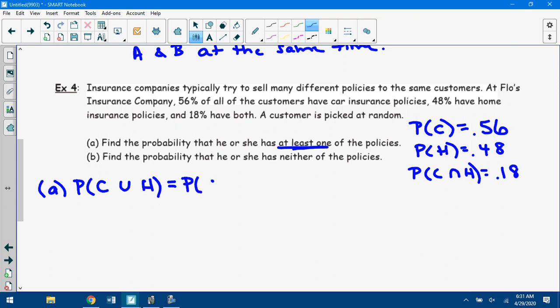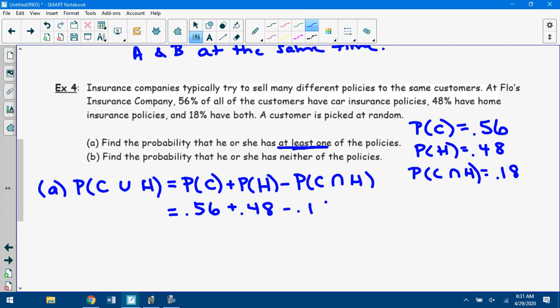It'd be the probability of car plus the probability of home minus the overlap, the probability of car and home. And this is why I have you list this stuff out. We've got all the information to plug right into the formula. It's 0.56 plus 0.48 minus 0.18.